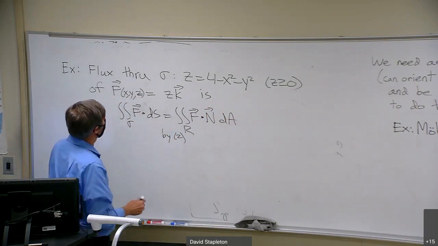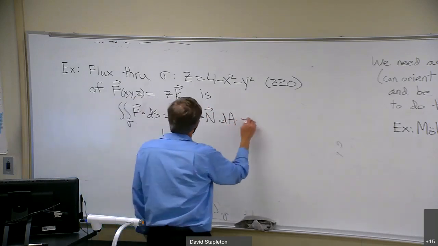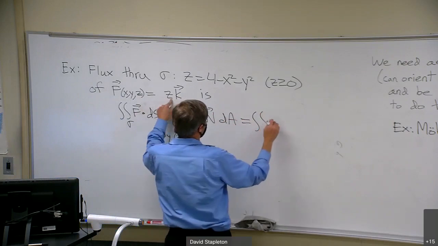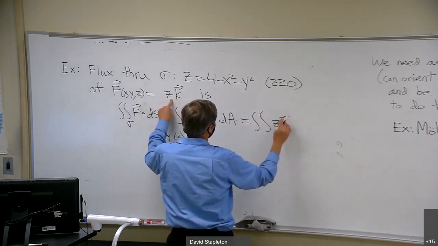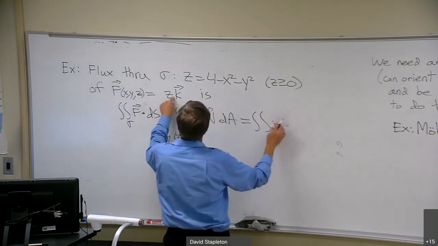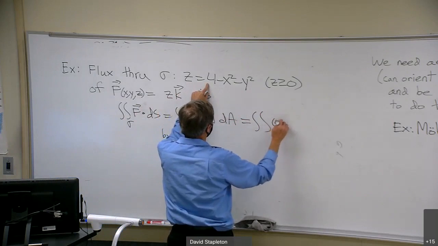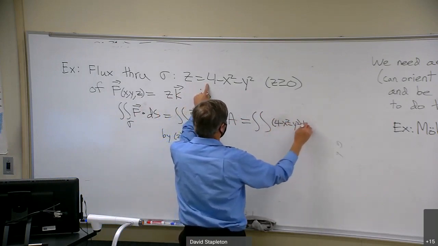All right, now F is zk, so it's just, oh, I need to replace z with what it is on the surface. It's 4 minus x squared minus y squared, k.